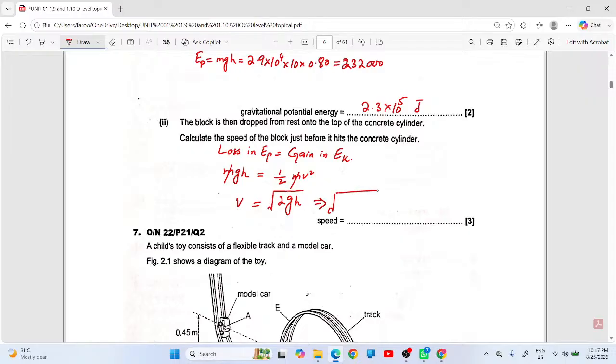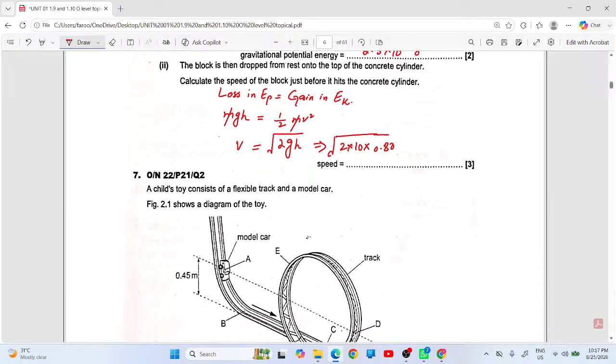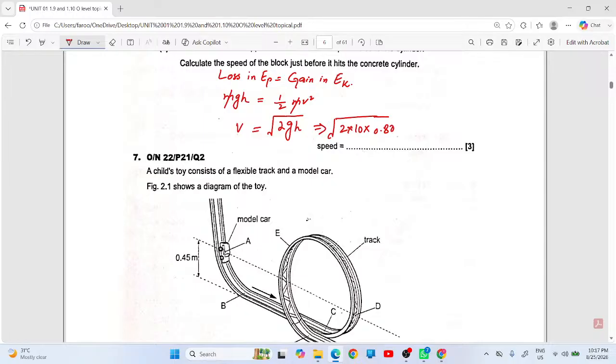So 2g is in this question, and the height was given above: 0.80. Check. 4 is the answer. 4.0 meter per second is the final answer.